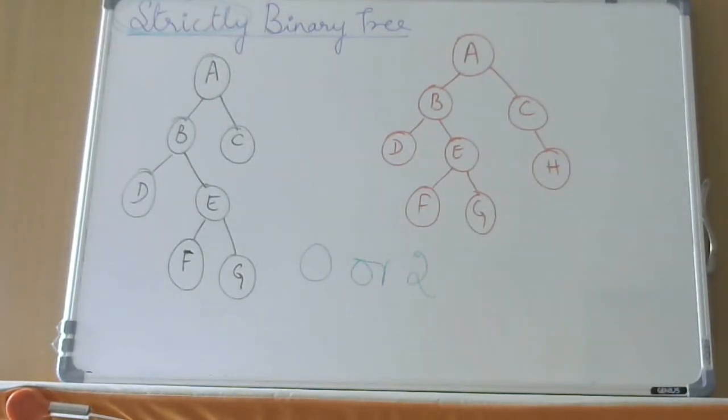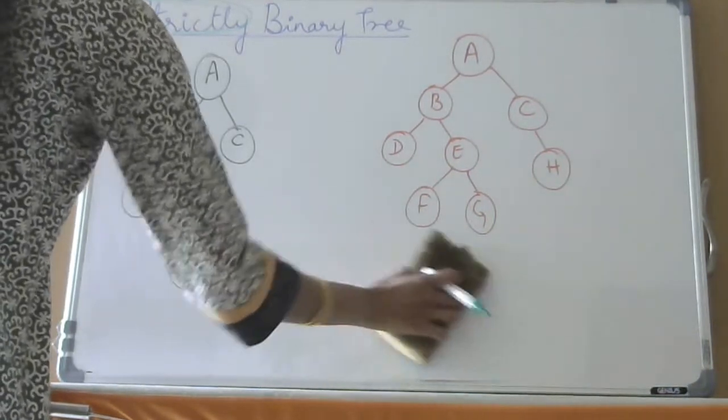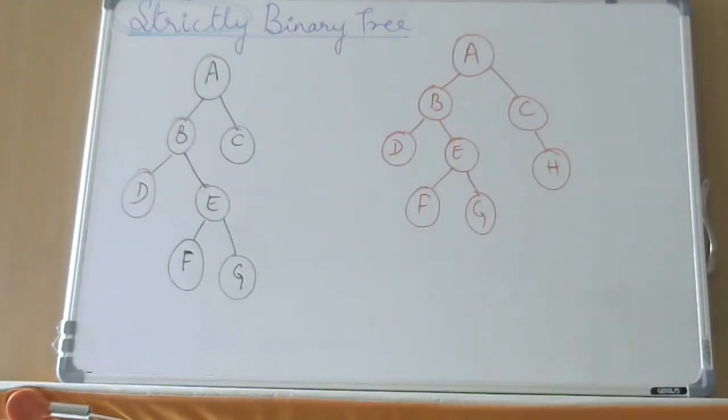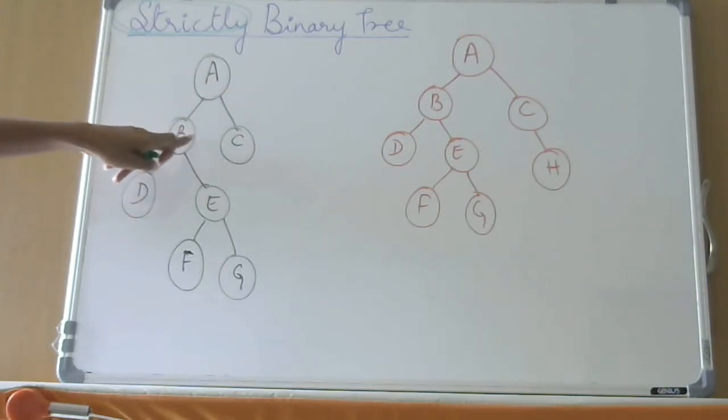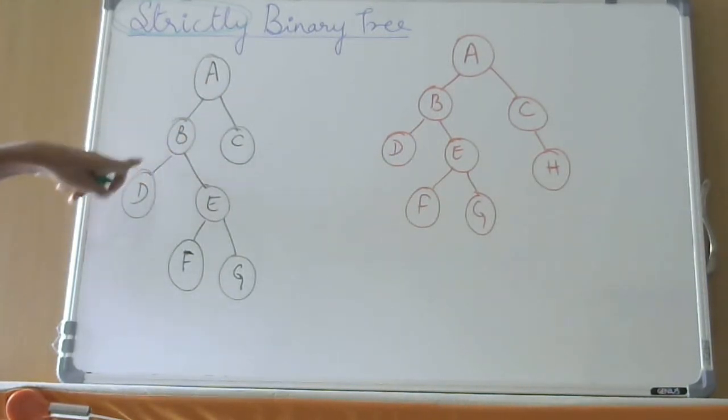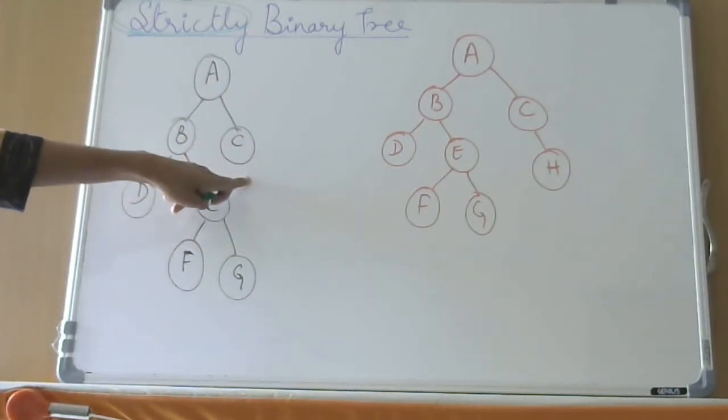Alright. So now I have written here 2 examples of binary tree. Which one do you think is a strictly binary tree and which is not? Can you take a minute and decide? Now, if you look at the first tree, A is a node, it has 2 nodes, B and C. B is a node, it has 2 nodes, D and E. C has no nodes at all.